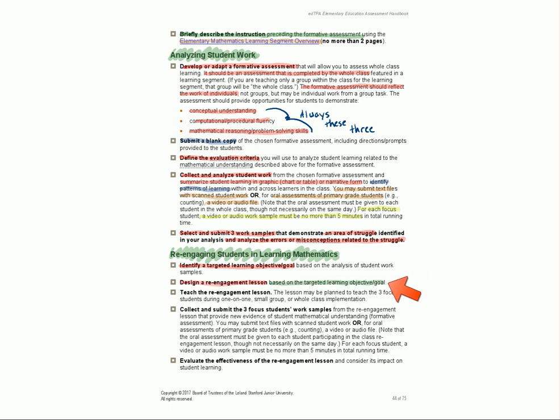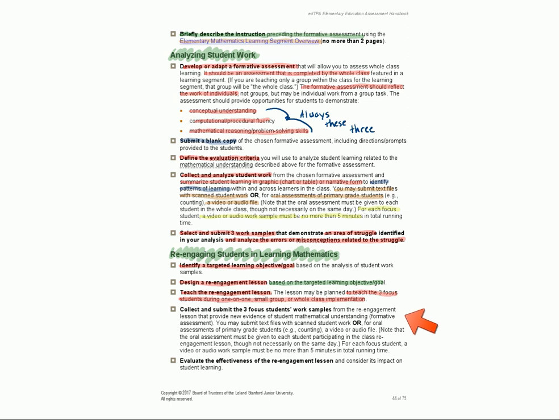Okay, and it needs to be based on that targeted learning goal. Following that, you will be teaching the re-engagement lesson. All right, and that lesson needs to have the 3 focus students in that lesson, but it doesn't mean that they're in a group of their own. In fact, you should have more students in that group, but the 3 students must be included in that group.